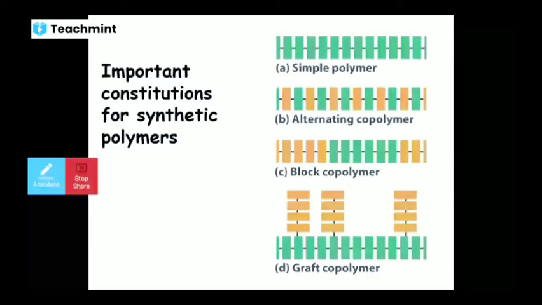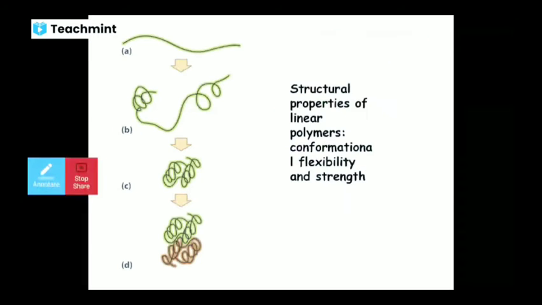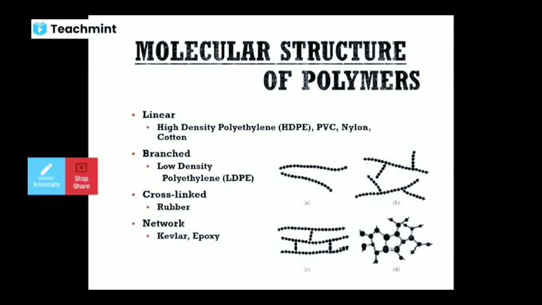Supramolecular structure of polymers. These are the suprastructures of the polymers. Structural properties of a linear polymer: conformational flexibility and strength. Yes, these are the steps involved in the linear polymers where conformational flexibility and strength can be seen.